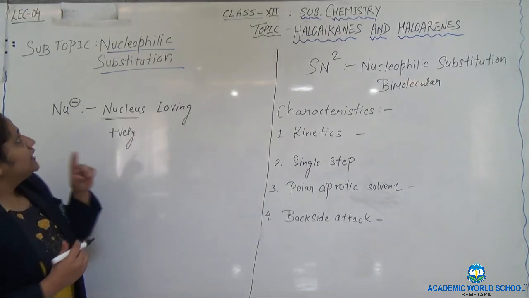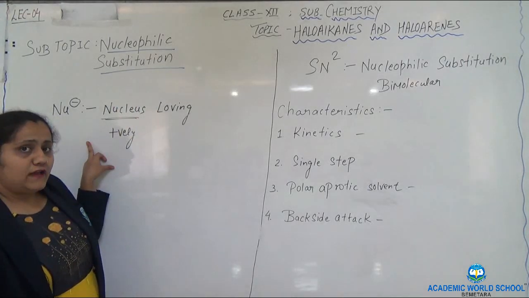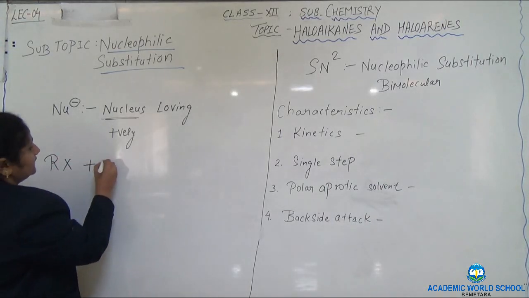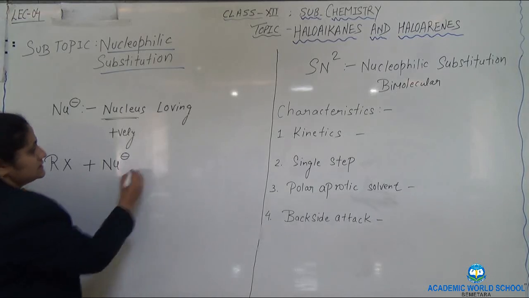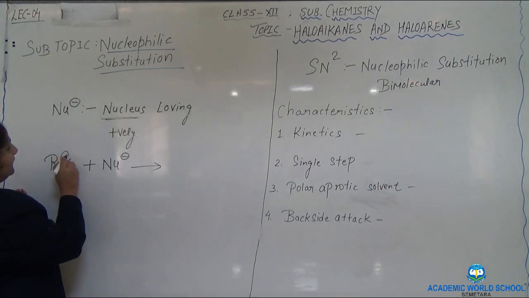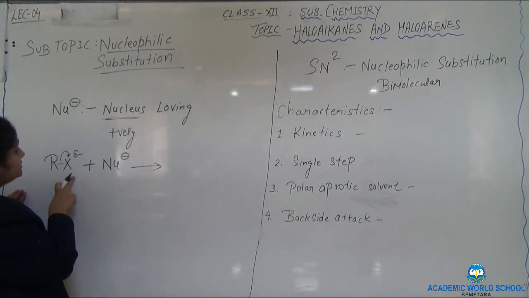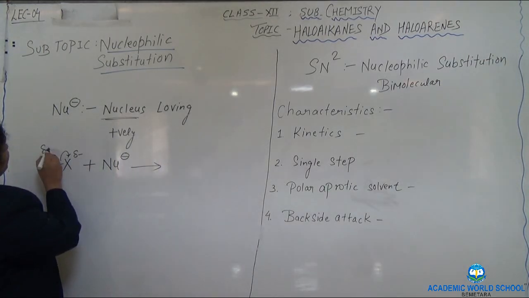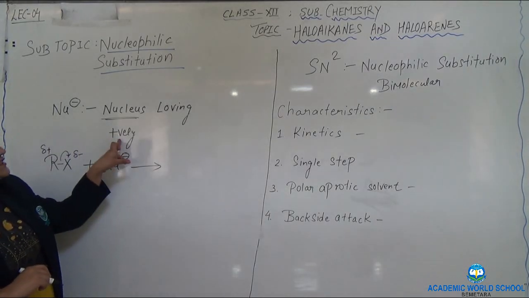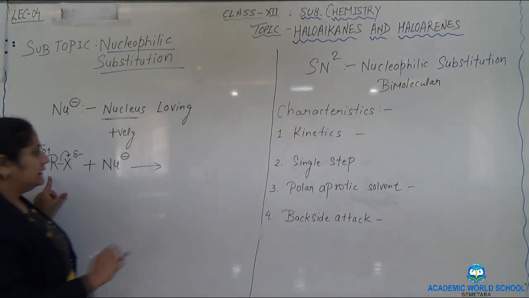So what happens when we give the substitution reaction to our haloalkane with the help of this nucleophile? See the general reaction. If RX reacts with any nucleophile Nu minus, what will happen? As you all know, the shared electrons get attached to the X atom, and this makes a partial negative charge over X and a partial positive charge over R. As a nucleophile is a positive charge loving species, the nucleophile attacks the R of the alkyl halide.